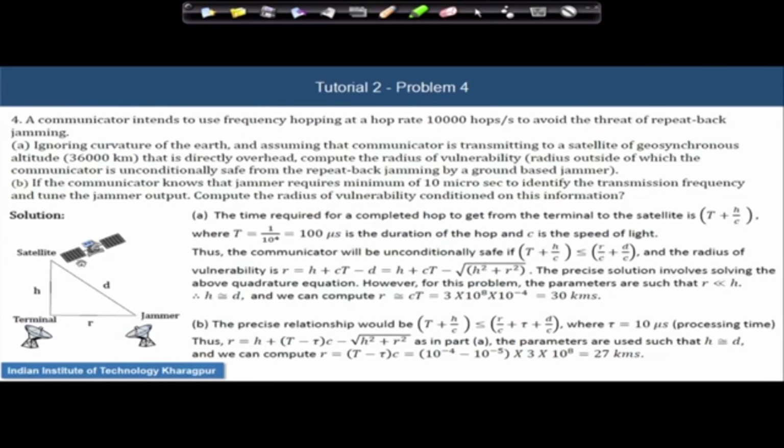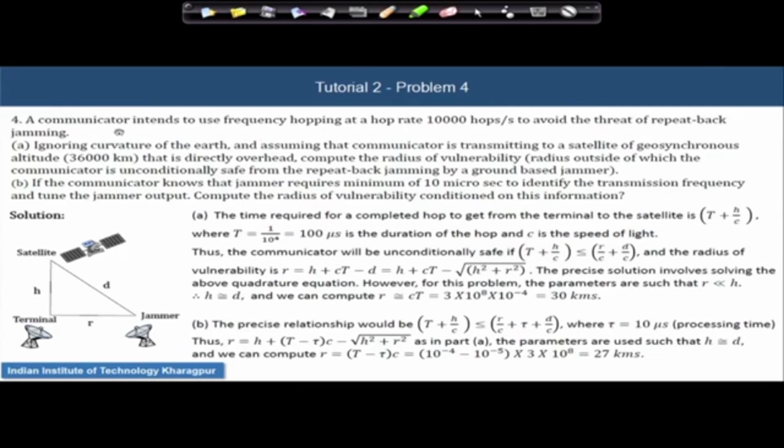So we have a system which is likely to be affected due to the operation of a jammer.